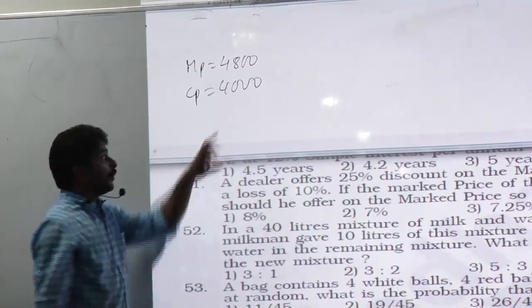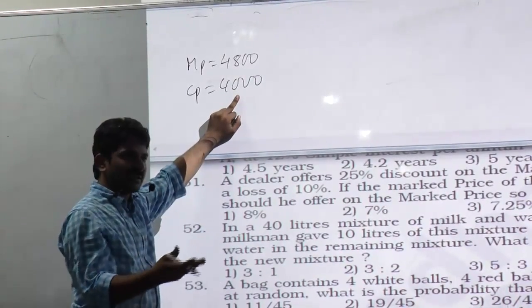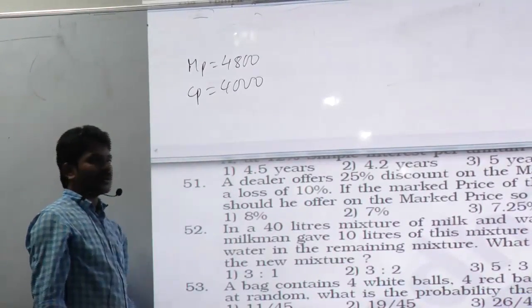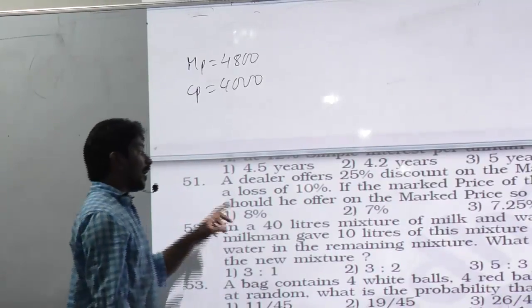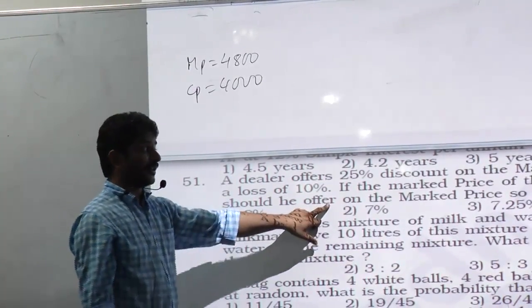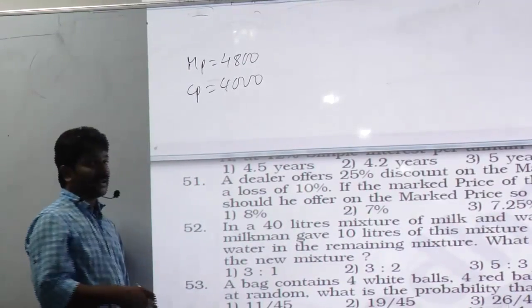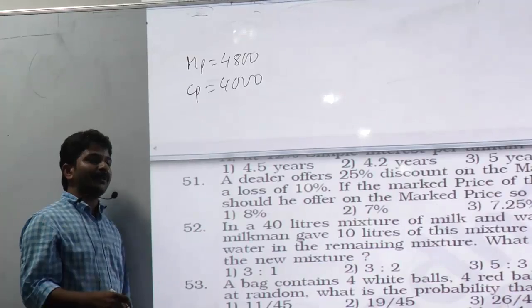Yes or no? What is 10% loss on this? 400 loss. 400 loss in the sense 3,600. Satisfied? Yes or no? Right. Now you got cost price also. If the market price is 4,800, how much discount should he offer on the market price so he has to make a profit of 440? So by selling it for some amount, he is expecting a profit of 440.